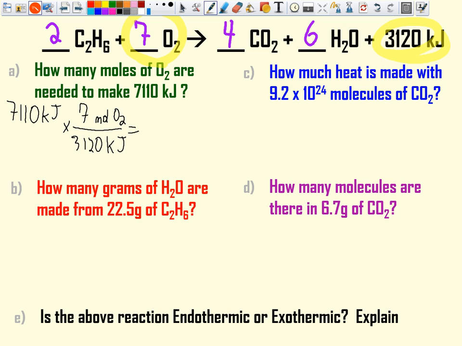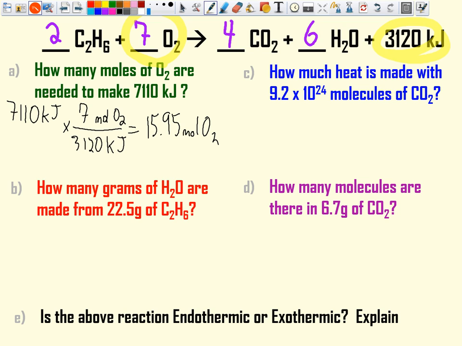On the bottom will be division. In this case, 7,110 times 7 divided by 3,120. We could have done it the other way, divided then multiplied, doesn't matter. Either way, we're going to get 15.95 moles of O2.